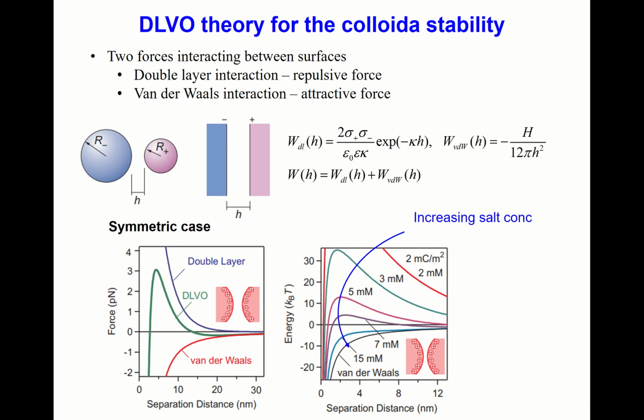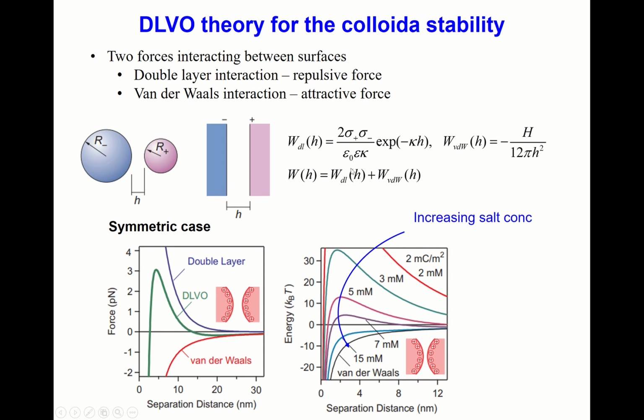Now all the silicas are the same, so they are all similarly charged, positively or maybe negatively charged. As long as we are dealing with one kind of colloidal particle, there is a repulsive force here.